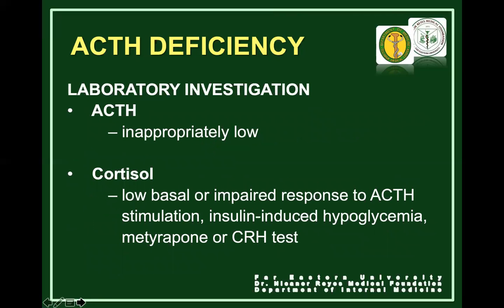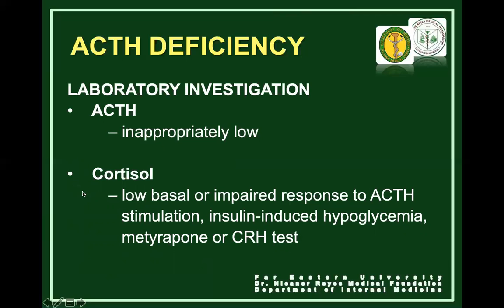So again, how do you investigate? Usually we do a paired test here. You have to get an ACTH and a cortisol together. If your ACTH is inappropriately low, why is it inappropriately low?